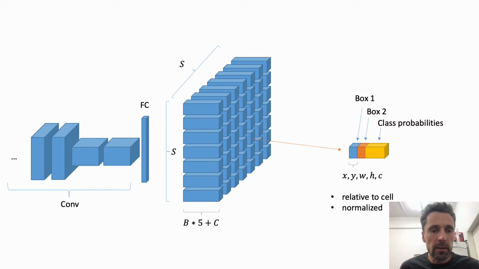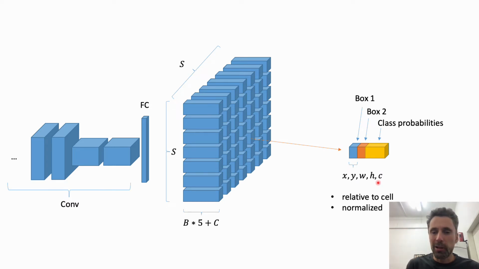Now, this grid contains a couple of numbers, and if you zoom in on one of those things, let me just use my pointer. So if you zoom in on one of those things, this block contains B bounding boxes. So I think the paper used 2 bounding boxes per grid cell, and each of these bounding boxes obviously needs to be represented by 4 numbers, so x, y, w, and h, and also comes with a so-called confidence.